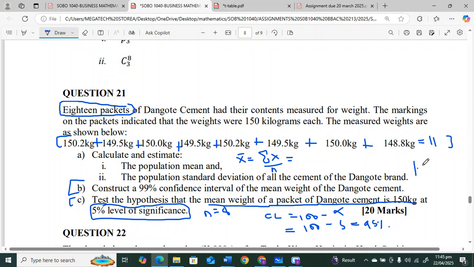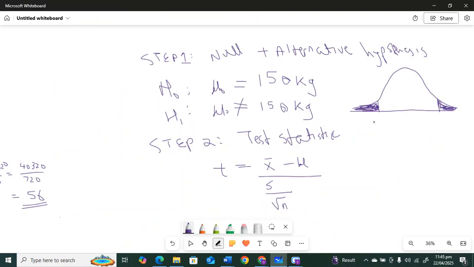Do we remember this number, 1.96? Yes, I even showed you how to get it. Since it's two-tailed, it's negative 1.96 and positive 1.96.